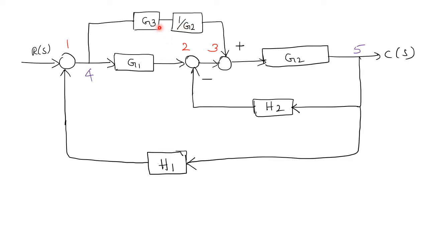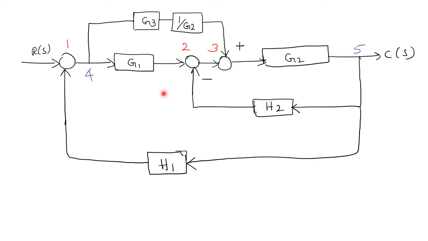When they are in cascade, we have to multiply. One more thing we can do is interchange summing points 2 and 3, so that we have two blocks, G3/G2 and G1, in parallel, whereas G2 and H2 are in canonical form. So we have two modifications: interchange summing points 3 and 2, and combine G3 and 1/G2 in cascade.